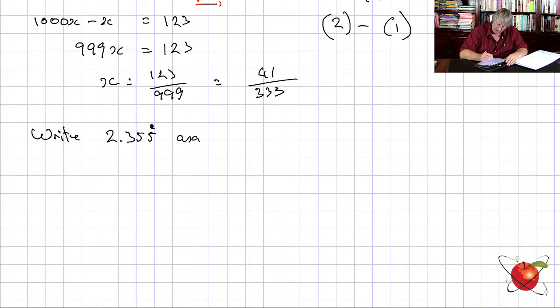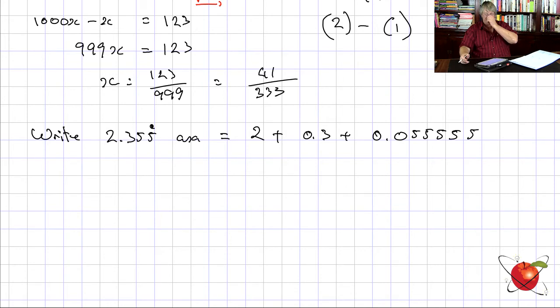Well, first of all, can you see that this is the same as 2 plus 0.3 plus 0.05555 and so on, right? Do you remember when you split up numbers in grade 4 and 5, you wrote them in hundreds, tens, thousands, and you added them?